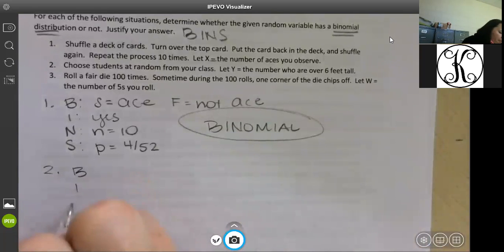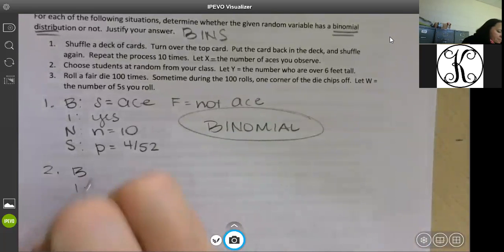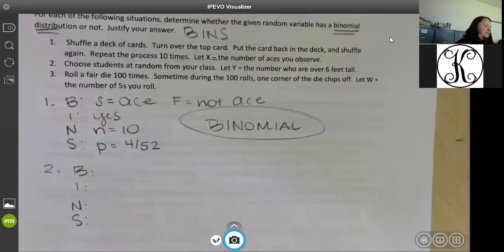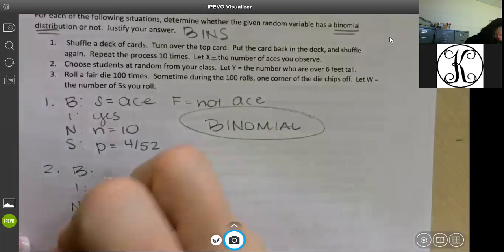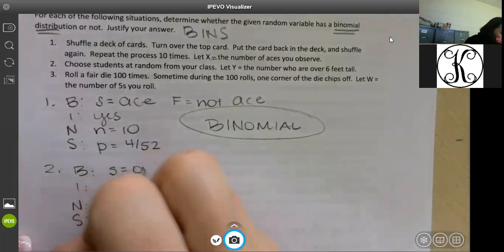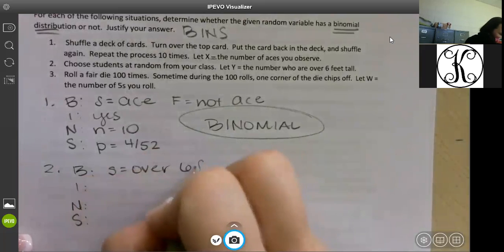Two. Choose students at random from your class. I don't like this example because they actually want you to use your class, and right now we don't really have a class. Okay. So let Y equal the number who are over 6 feet tall. So what's your success? Over 6 feet. What's your fail?